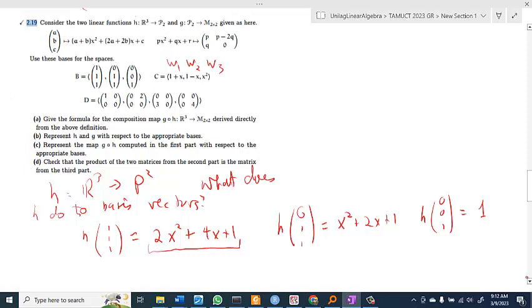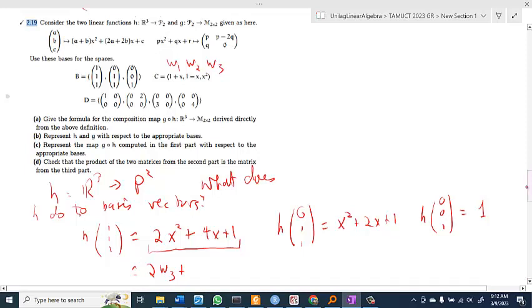Okay, so 2x squared is obviously 2 times W3. All right, so that takes care of this. And then I have 4x plus 1. 4x plus 1, I have to get as a combination of these. So let's see, how am I going to do that?